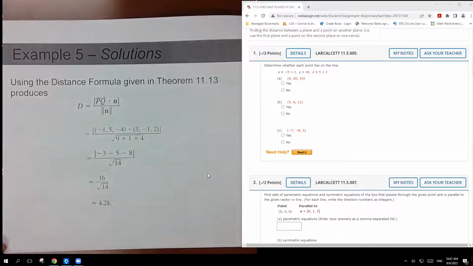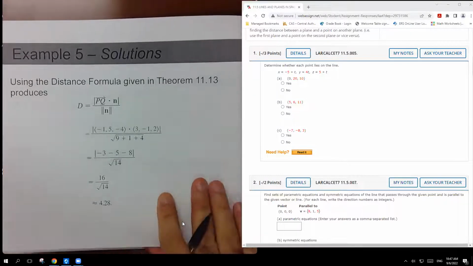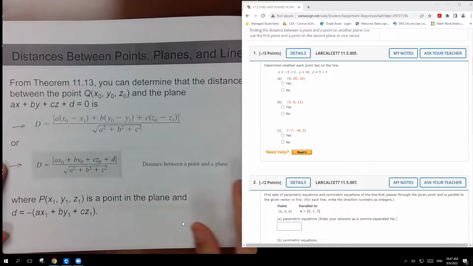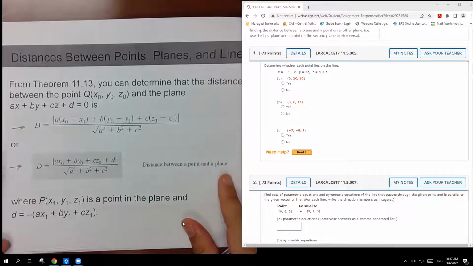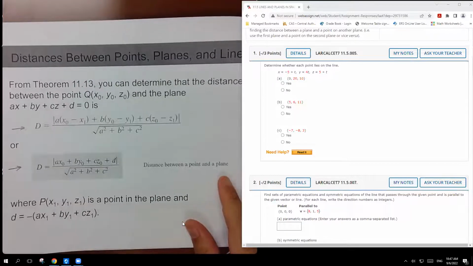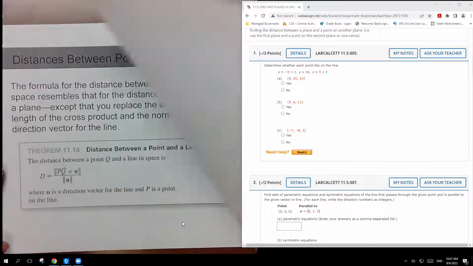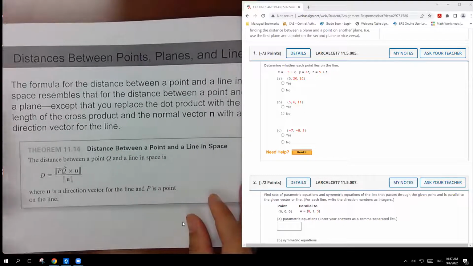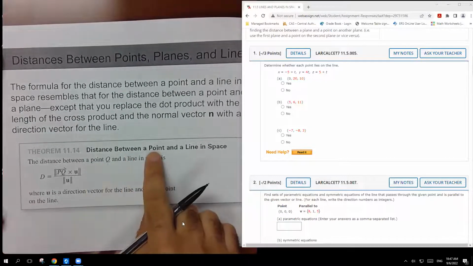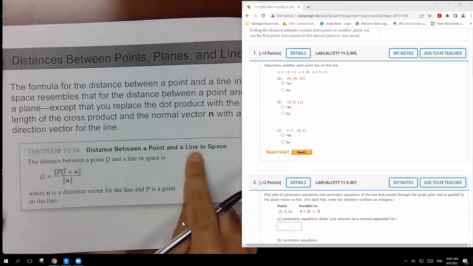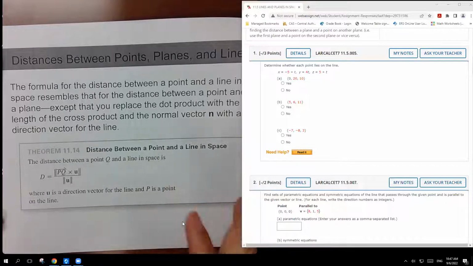Here's the last part. This is the same thing, they just make it in more detail. To find the distance between a point and a line, this is different. This is not a plane.